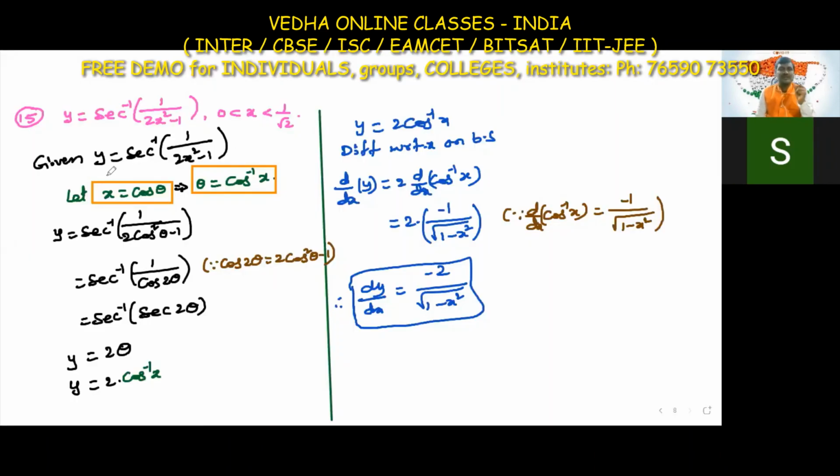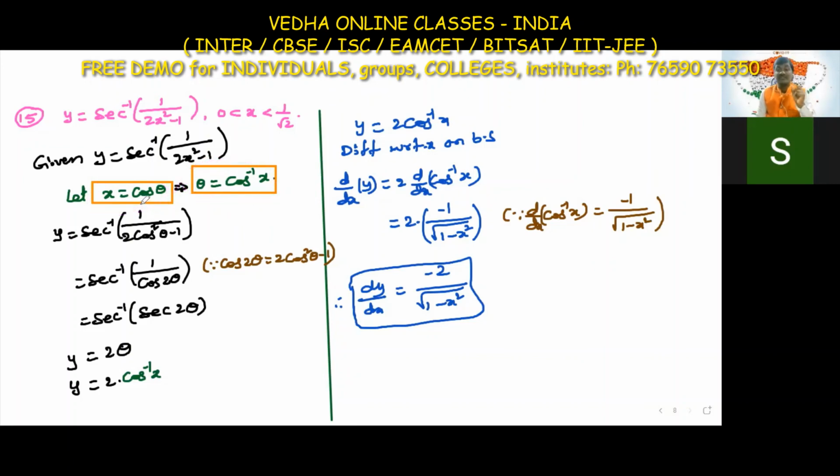Here y is equal to secant inverse of 1 divided by 2 x square minus 1. This is the given question. In this question, I am taking x is equal to cos theta, then theta is equal to cos inverse x.